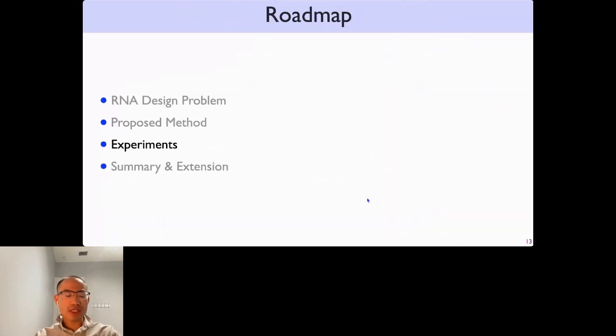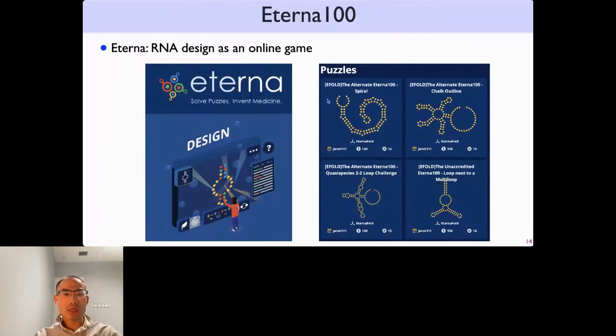So in the third section, I will show our main experiment results. We first used the benchmark Eterna 100 to test the RNA design ability of different methods. This Eterna 100 contains 100 challenging puzzles from the Eterna website.